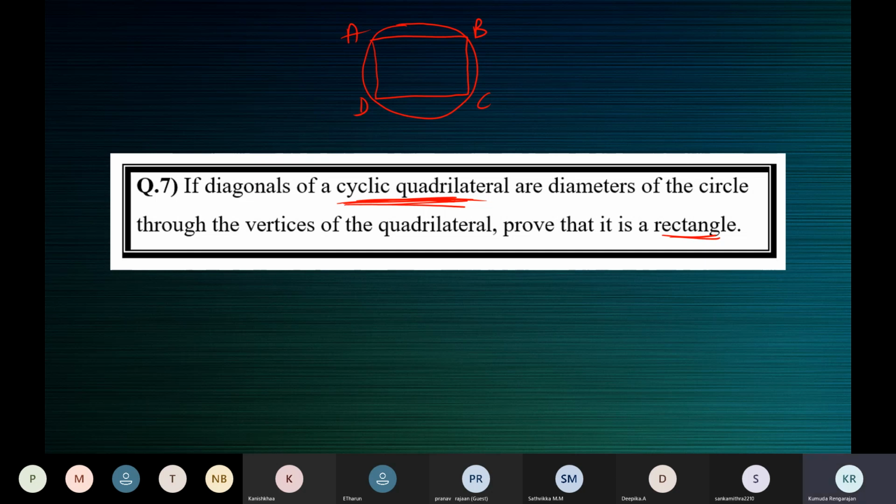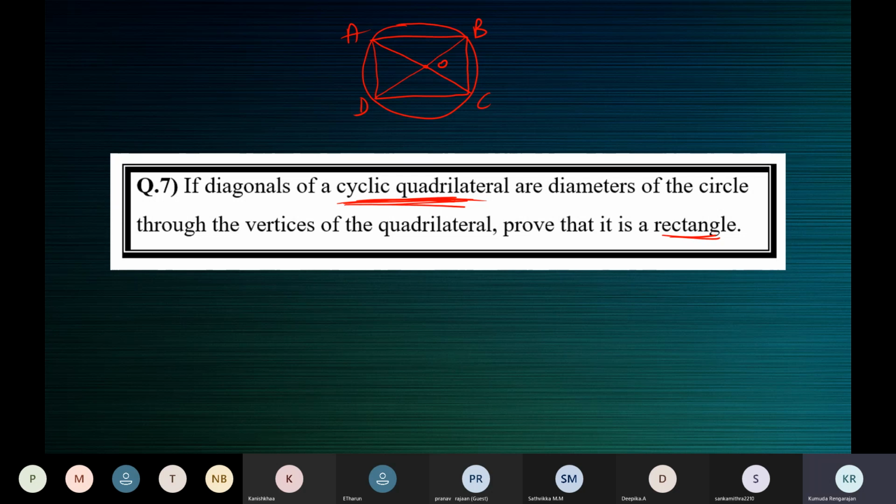ABCD is a cyclic quadrilateral. Which are the diagonals? AC is a diagonal, BD is the other diagonal. If these diagonals are diameters of the circle, then this is the center O. AC is the diagonal of the cyclic quadrilateral and the diameter of the circle, so the center will lie on the diameter.